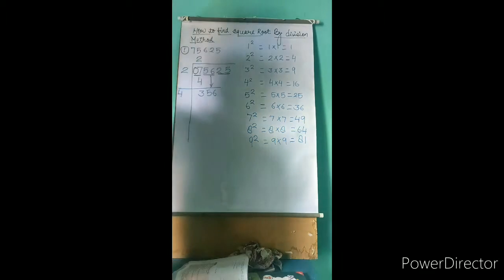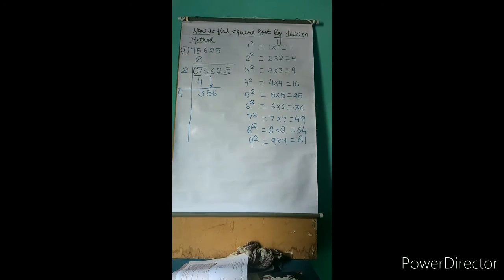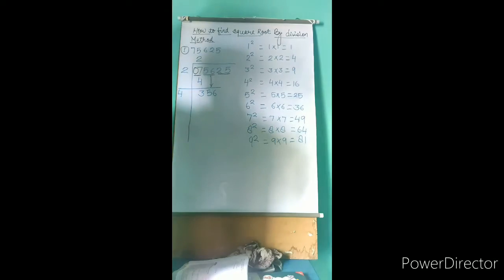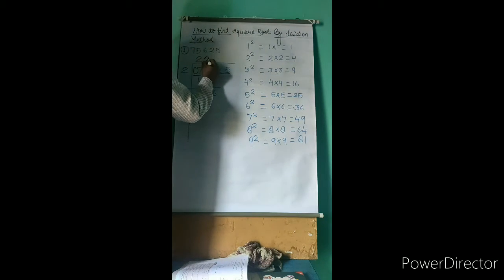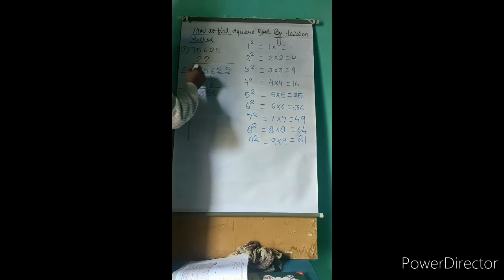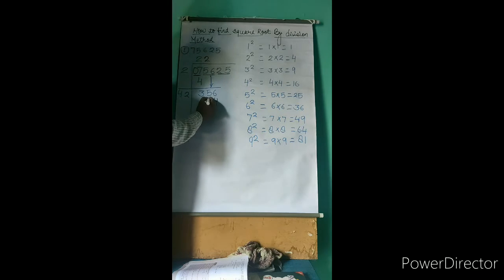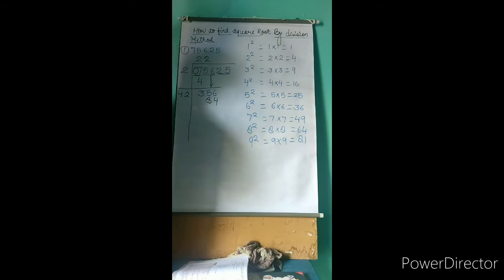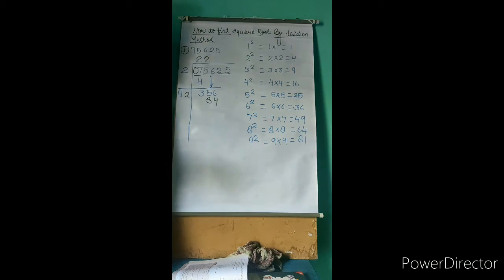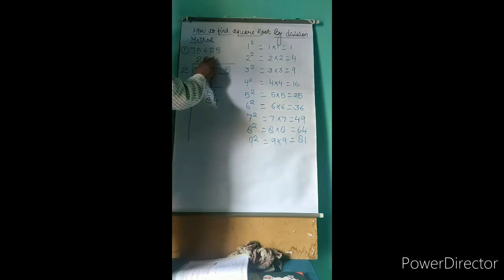Yes, 2. 2 you write upside, 2 you write here. 2 4s are 8. So you can see 84 is very much less than 356. So we can select another digit.